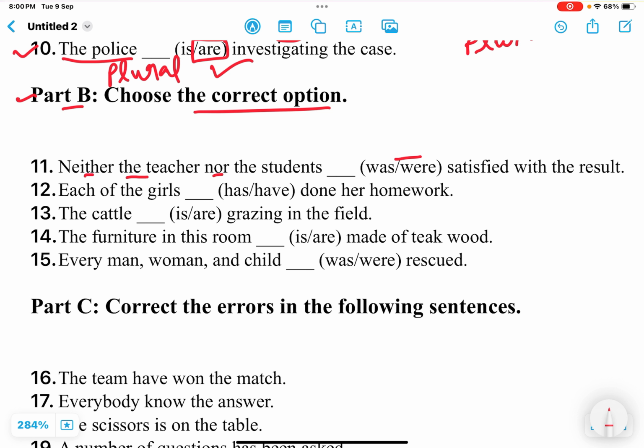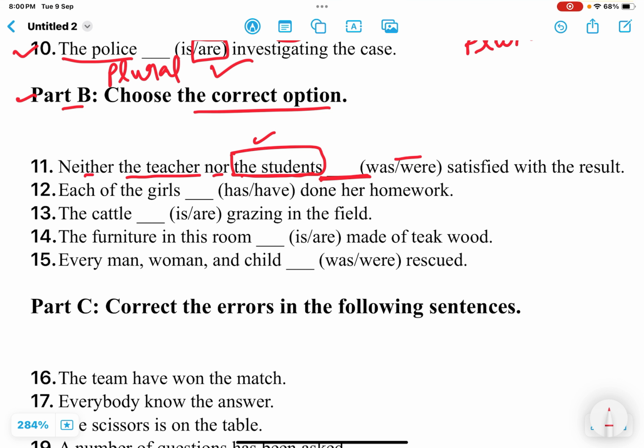So here two subjects are there, the teacher and the students. Now see which subject is closer to the blank. Here students is closer, no? Teacher is used first, then the students. So we are to choose the verb according to this subject.